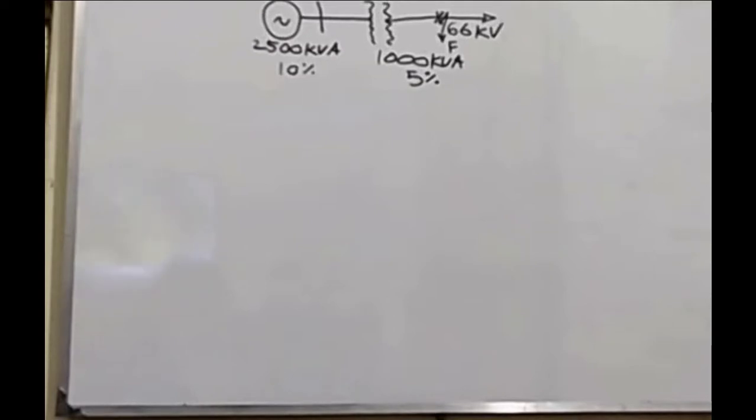Reactance means it is a coil, so it has inductance L, and reactance X equal to 2 pi f L. Understand that X is the reactance, and they have given it as percentage reactance.